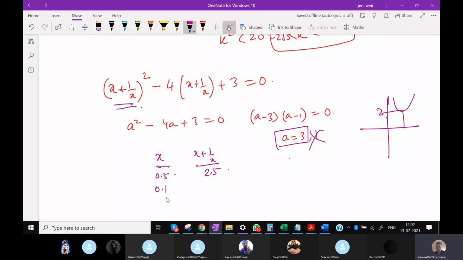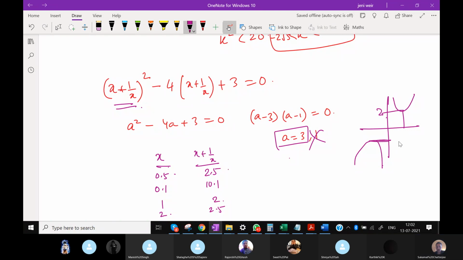If you take 0.1, this would be 10.1, right? If you take x equal to 1, this would be 2. If you increase this to 2, this would be 2.5 again, etc. So the graph will be like this. And if you take the negative values, you will get the same set of values, but with a negative sign. So the graph of this will be like this, right?